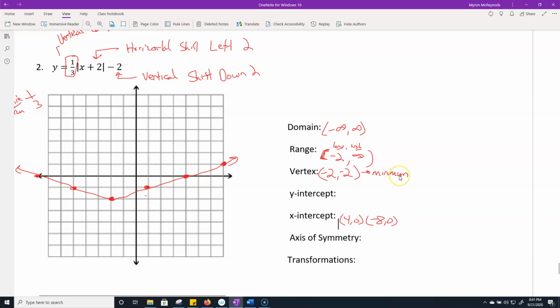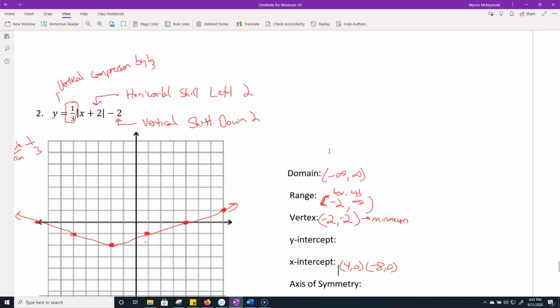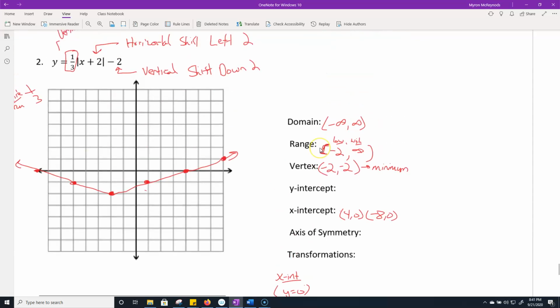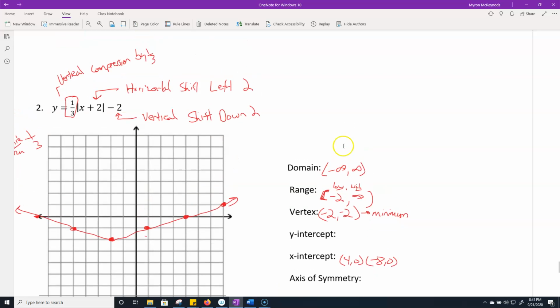The y-intercept does not hit at a point perfectly, so you're going to have to figure it out. All right? So let's go ahead and solve for the x and y-intercept next. Okay, so for the x-intercept, you set y equal to 0. Let me bring my formula down here. 1/3 absolute value of x plus 2 minus 2.